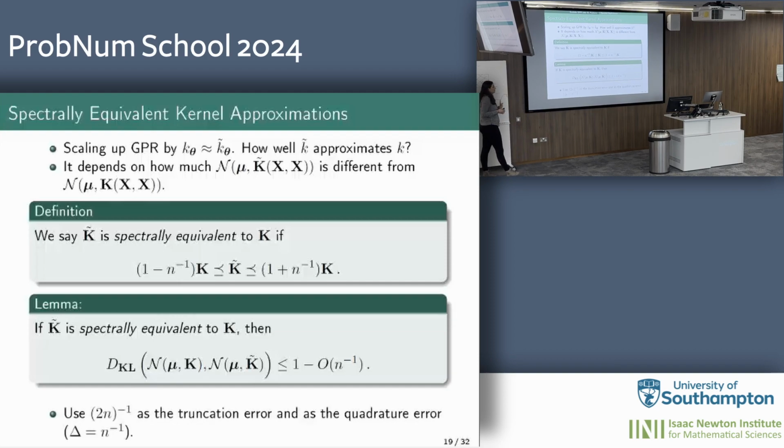So basically what I want you to take from this is that approximating the integral with a simple numerical analysis tool is the same as doing this KL divergence approximation for your kernel and covariance kernels. In this definition, we take this delta that I used before as the quadrature error to be 1 over n.